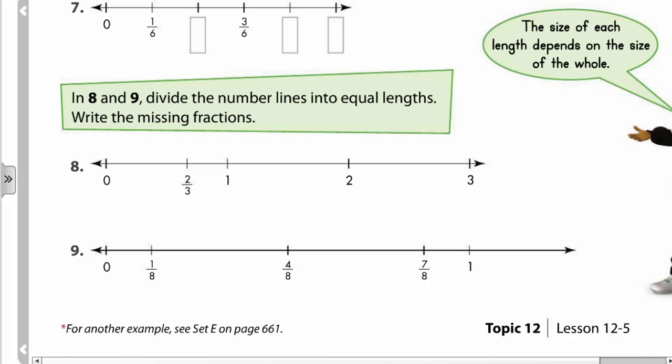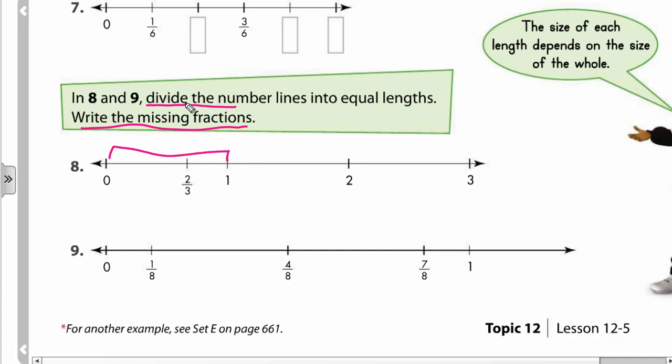Okay, let's start with question number 8. This time, my heroes, we will do something extra. Divide the number line first into equal lengths and write the missing fractions. I need one of my heroes to help me. Hassan Yusuf. Okay, my hero, in question number 8, the distance between 0 and 1 is not divided.